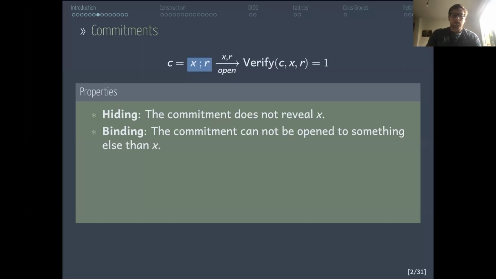These are the general properties of commitments. For this talk, we need three more properties. First of all, at least in the beginning, we want that the message space of the commitment is set Q. So that means that we can commit to integers modulo Q in the message space.